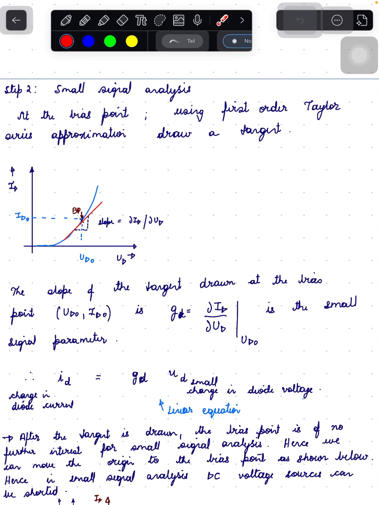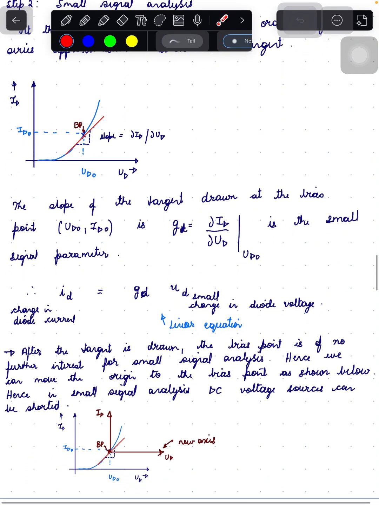The slope of the tangent at the bias point, that is UD0 and ID0, is a linear one, and it is given by GD equals delta ID by delta UD. So here we approximate the diode equation to a linear one, where the small signal current id equals GD times ud. GD is the slope of the tangent drawn at the bias point.